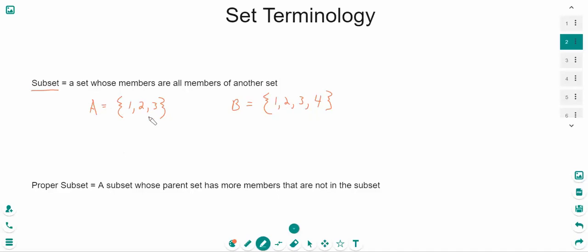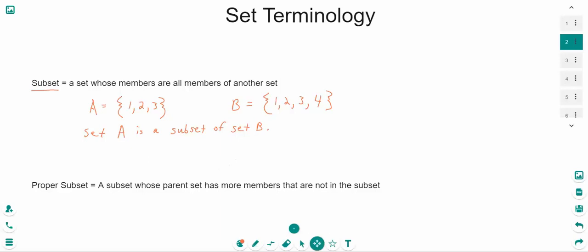So everything that is in set A is also in set B. So we would say that set A is a subset of set B. Everything that A has, B also has. It's really that simple. That is what a subset is. Excellent.